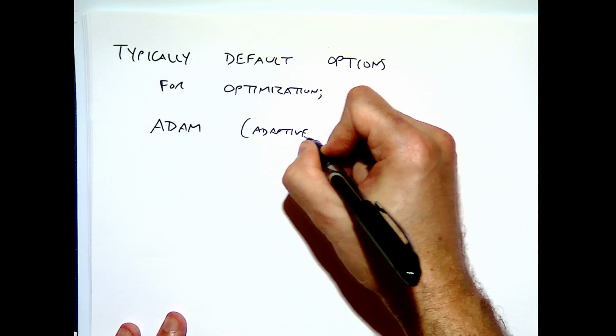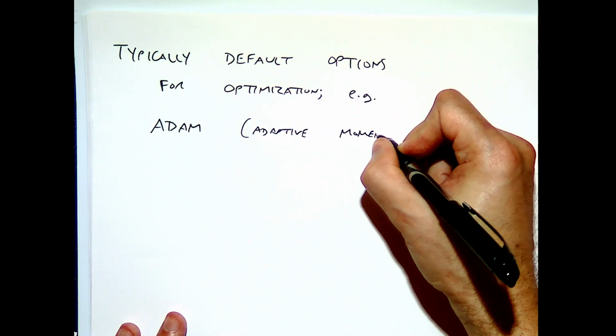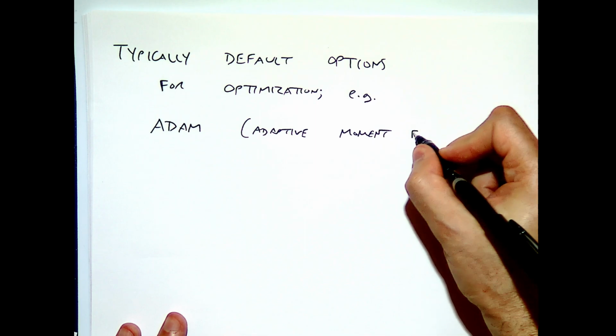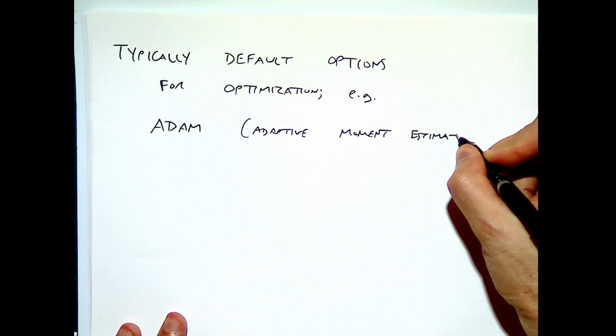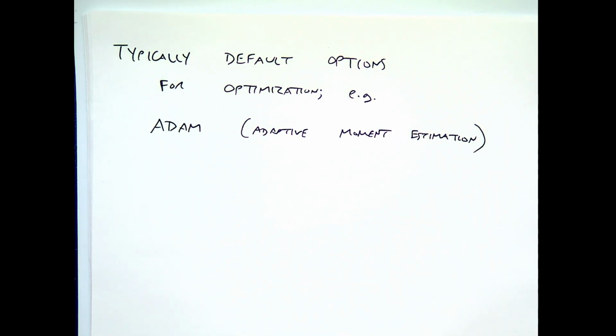All of this stuff is basically some flavor of gradient descent under the hood, with a bunch of different kinds of tricks to make it perform numerically well in practice, okay? You don't really have to know the gory details of how this works.